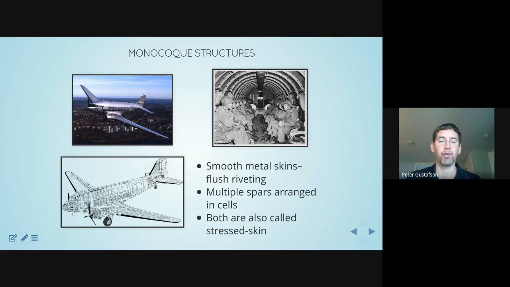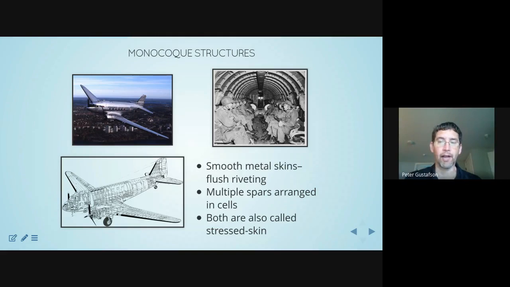In this case, it was smooth metallic skins, flush riveted, with multiple spars arranged into cells, and then with local reinforcement in the form of localized stringers. You can sort of see that here in the lower left corner with the schematic of the structure of the DC-3.